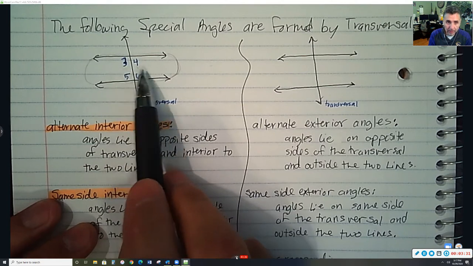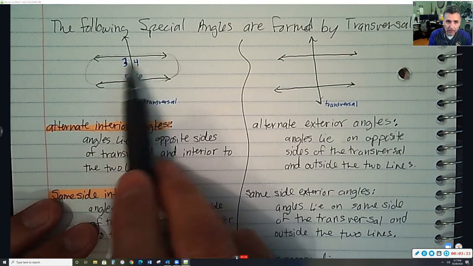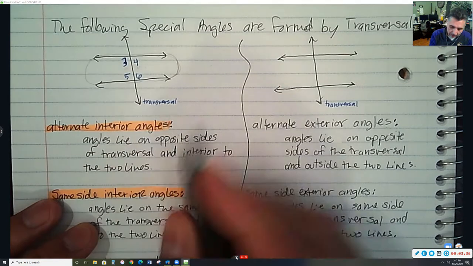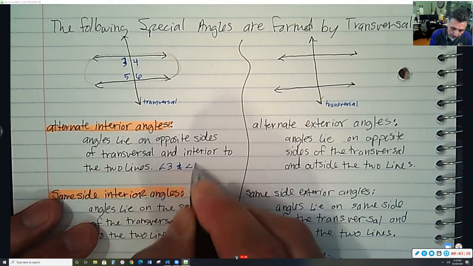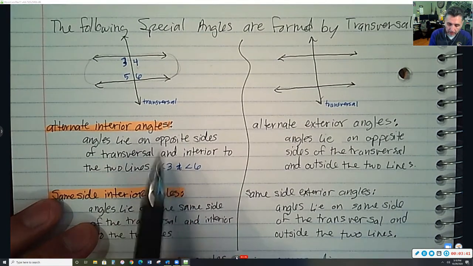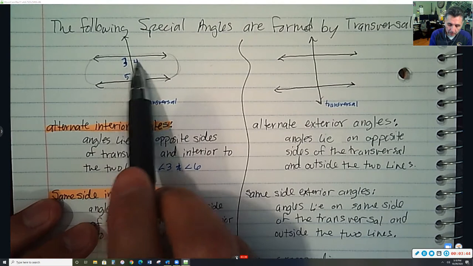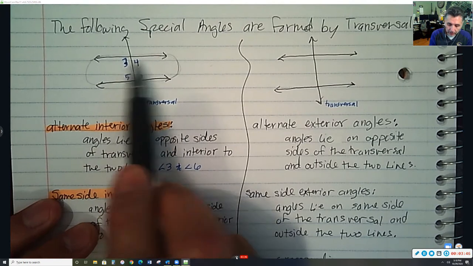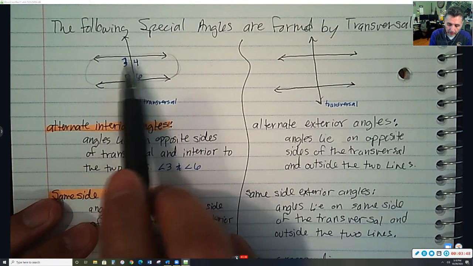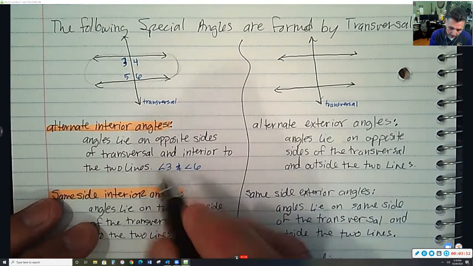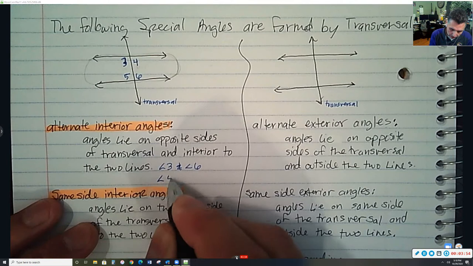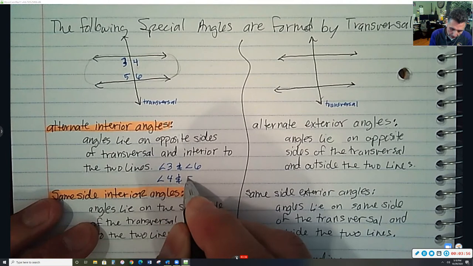They're on alternate sides of the transversal, but they're interior to these other two lines. So angle 3 and angle 6 are alternate interior, and so are 4 and 5. They're interior to the two lines, but they alternate across the transversal. So that's also angle 4 and angle 5.